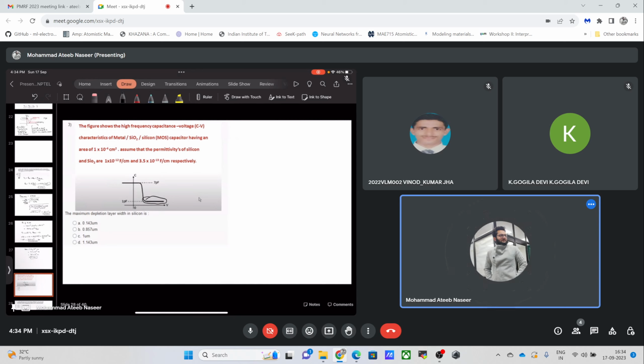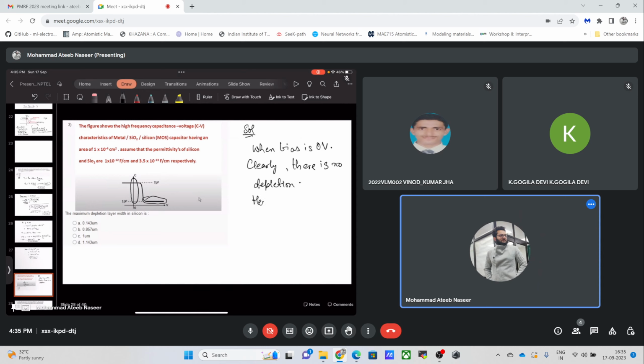So clearly, let us solve it by considering the previous studies that we have seen in the previous half an hour. When the bias is 0 volt, clearly there is no depletion.